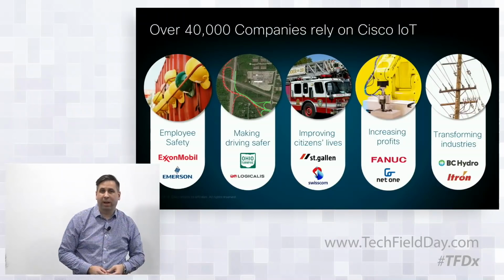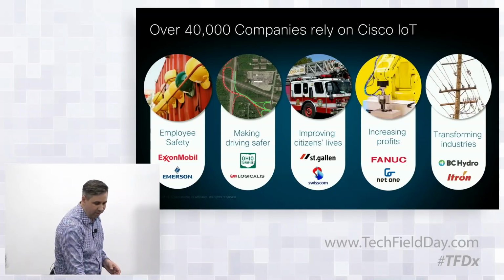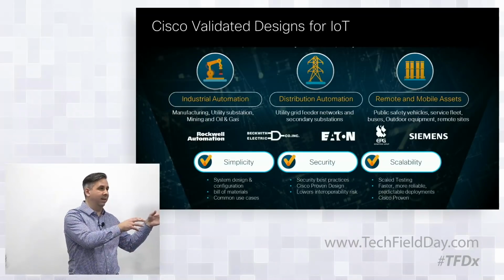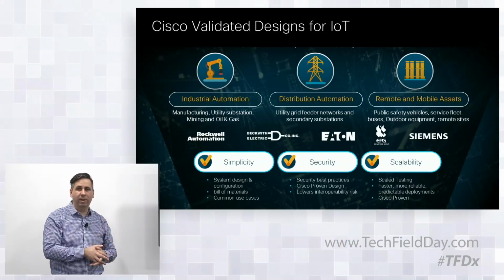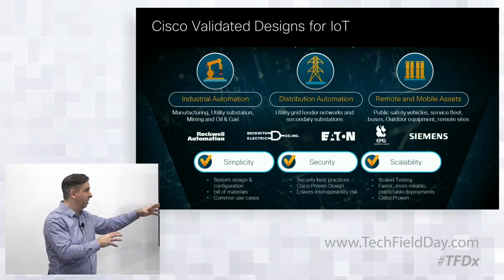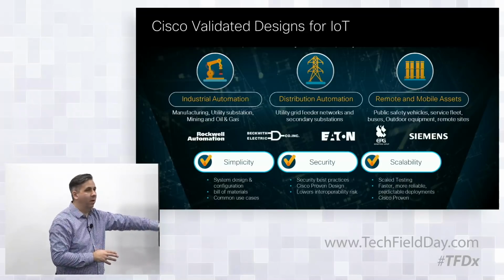We have over 40,000 customers already using our IoT. So we're not just providing them platforms, but also Cisco Validated Design guides. I think you're familiar with these as well, where we do exhaustive testing based on real customer deployments. And we're tailoring these solutions not just for the network, but for the whole solution.